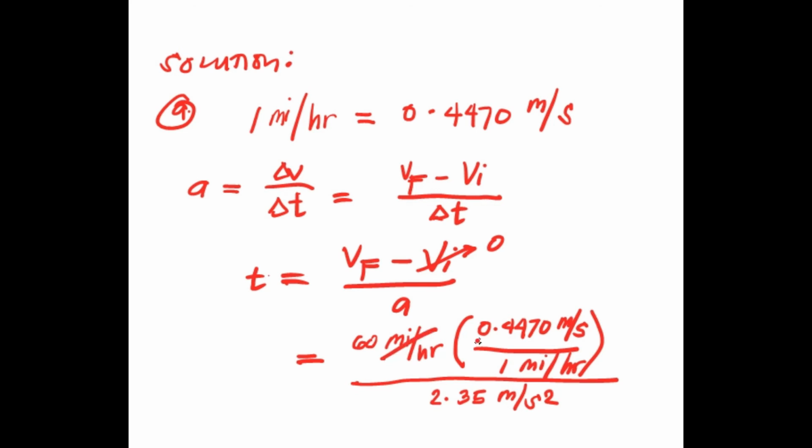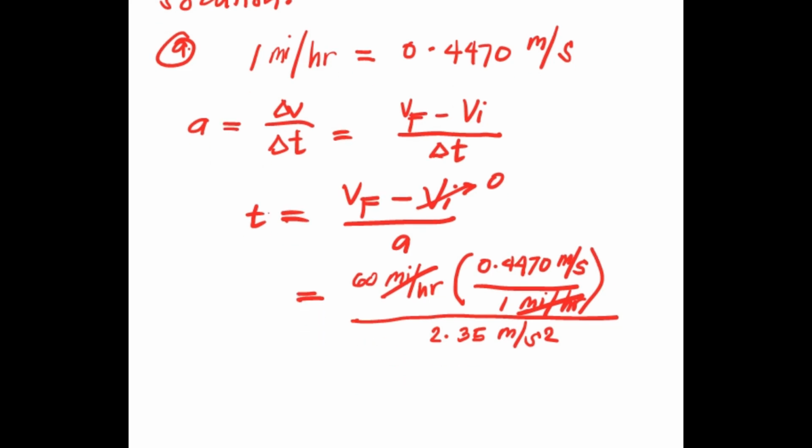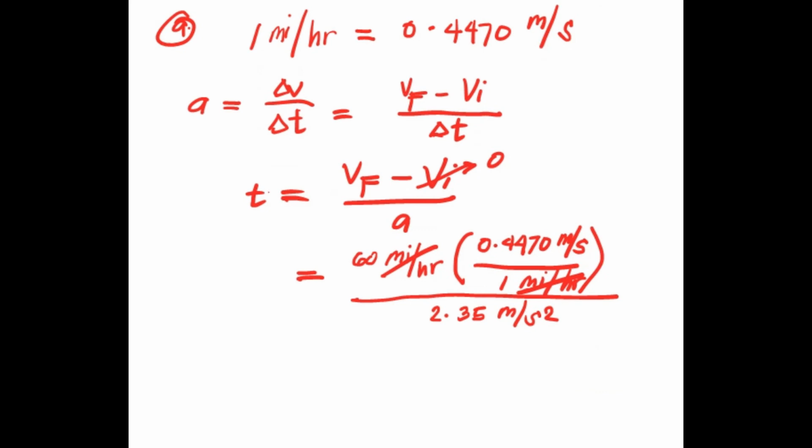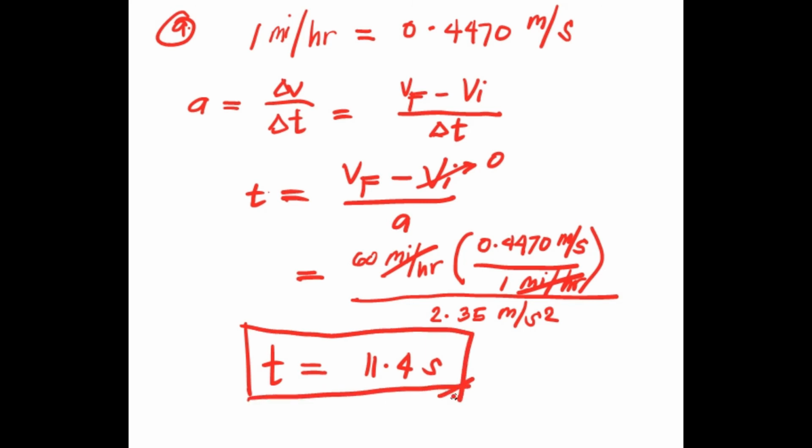Miles per hour cancel. So the time is approximately 11.4 seconds. It took 11.4 seconds for the Beetle to accelerate from 0 to 60 miles per hour.